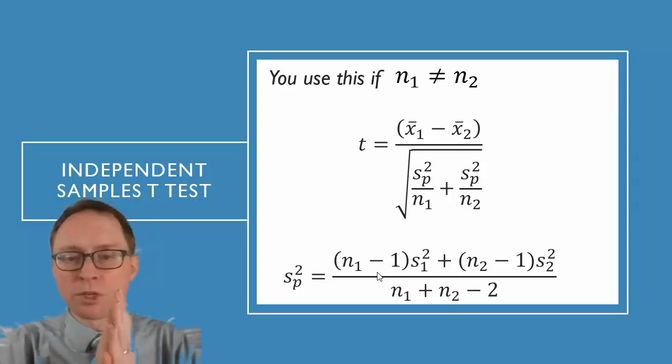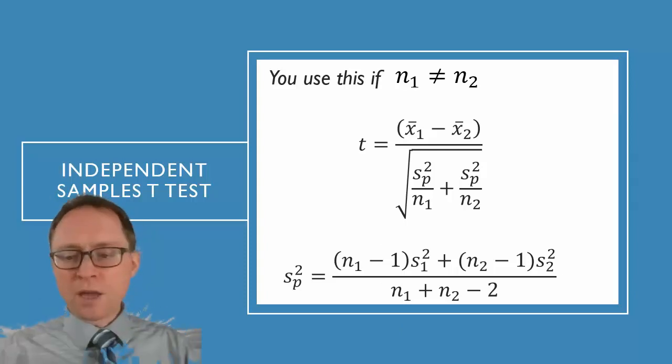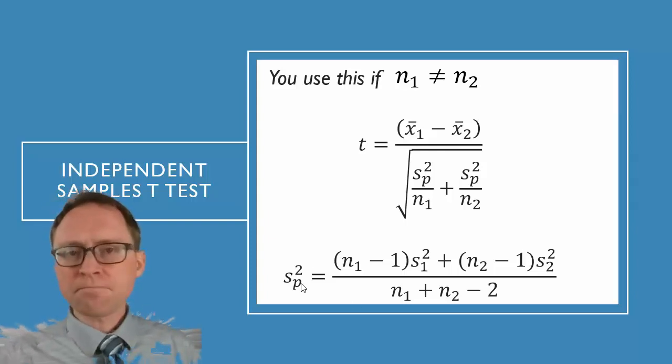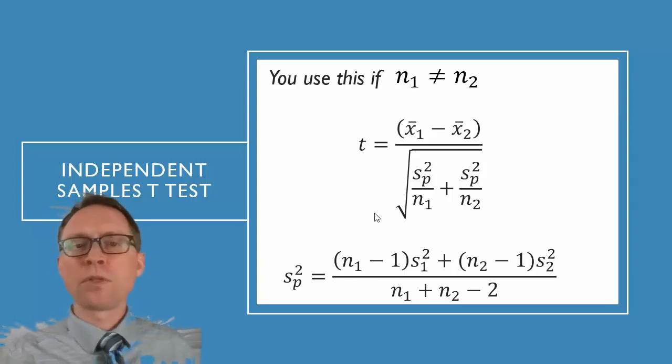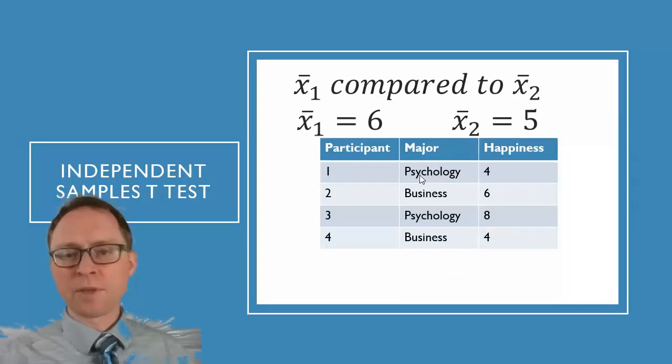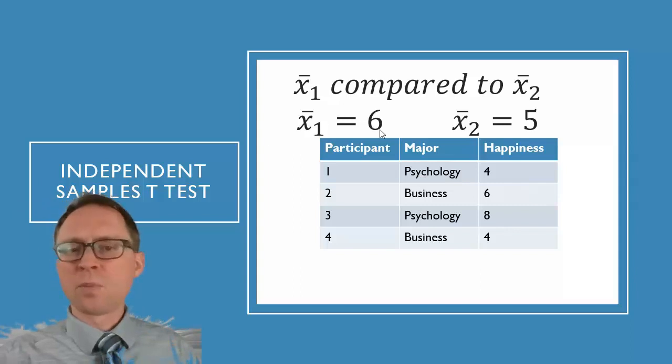So here's what I want you to do. I want you to calculate the pooled variance and t for the data that we used last time. This is the data in terms of psychology majors versus business majors, right? X bar sub 1 is 6, X bar sub 2 is 5. X bar sub 1 in this particular case is psychology, and business is sub 2.